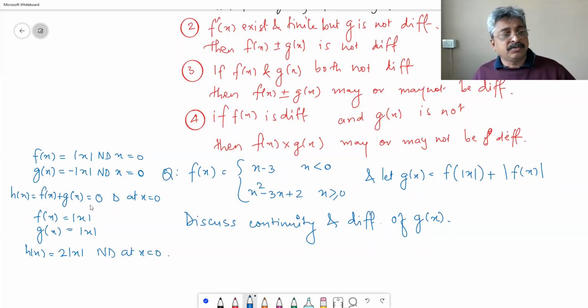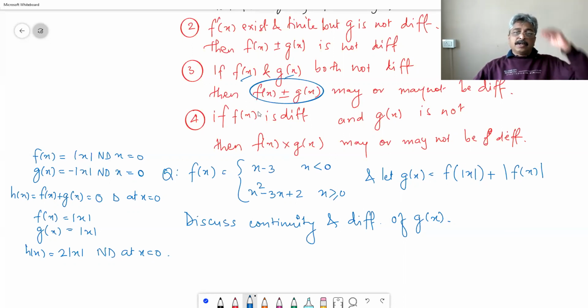So you get a function which is differentiable, and you get a function which is not differentiable, given that both functions are not differentiable at first. So unless you know what these functions are, you really cannot predict. However, if both of them are differentiable, then their summation, difference, product and ratio, all four of them will be differentiable. That is point number 1.